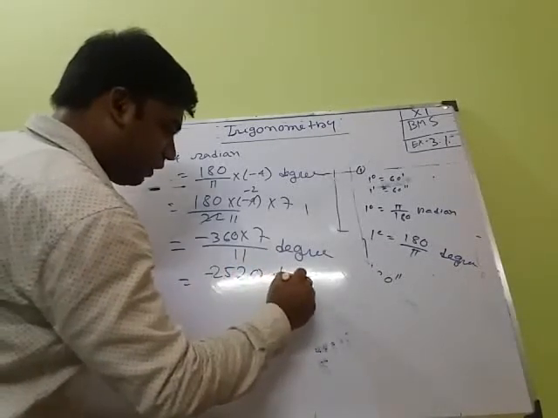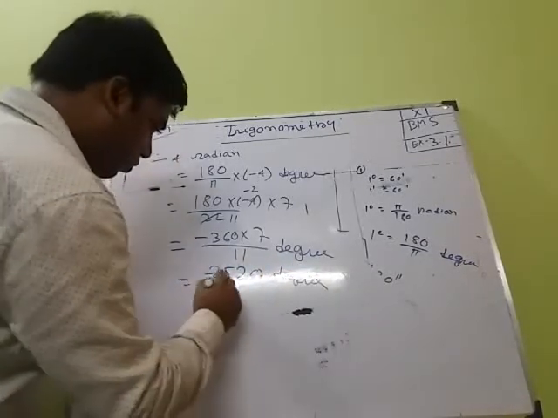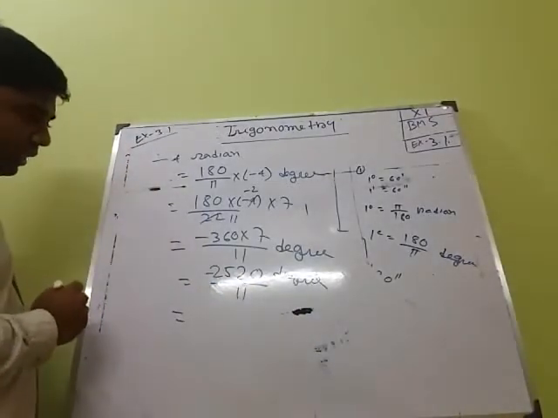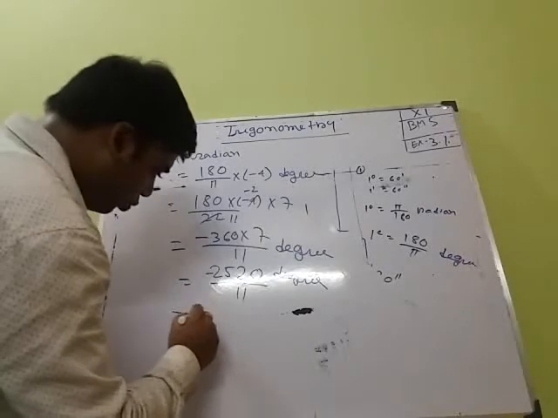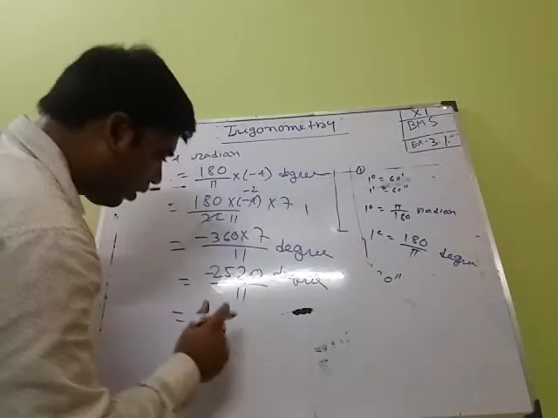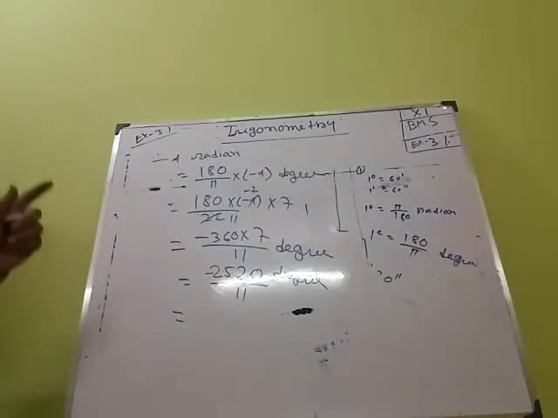Now change it into a mixed fraction, that is minus 229 and 1 by 11 degree. Now we have to change it into degree, minute and second.